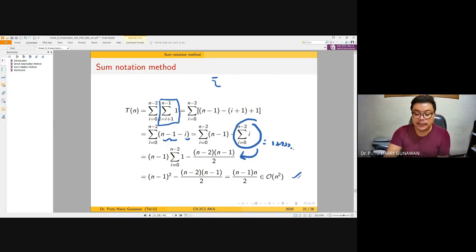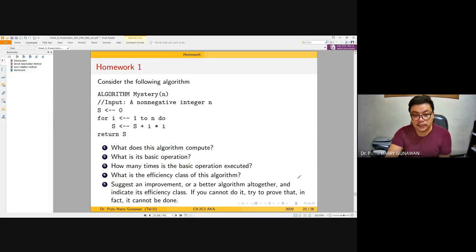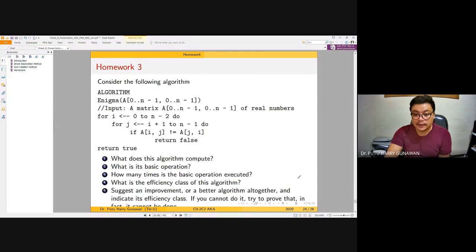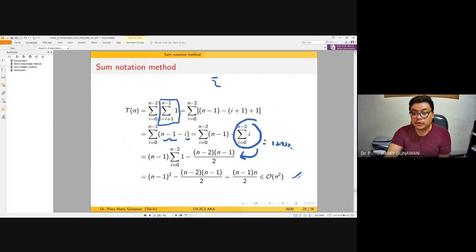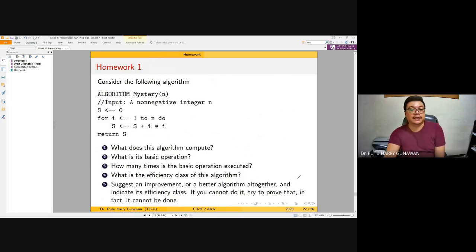This is the last example. We will try to solve another example next week in week 9. But before that, we have a homework. Please try these homeworks, and please submit your homework in the LMS as usual.